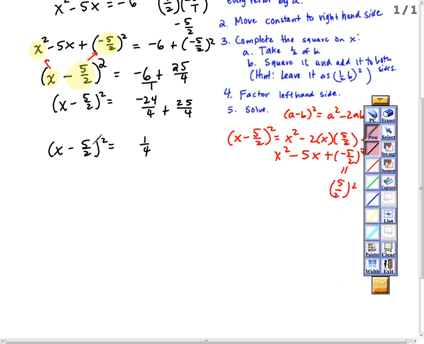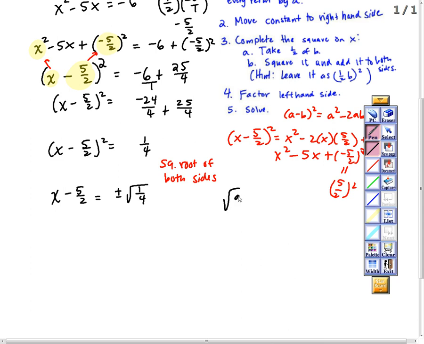I want x by itself. x is trapped in here with a squared, so I have to take the root of both sides. So I want to take the square root of both sides. When I do so, on the right-hand side, I have to take a plus or minus. If I take a square root of something squared, they cancel each other, so I'm left with x minus 5 halves equals plus or minus the square root of 1 over 4.